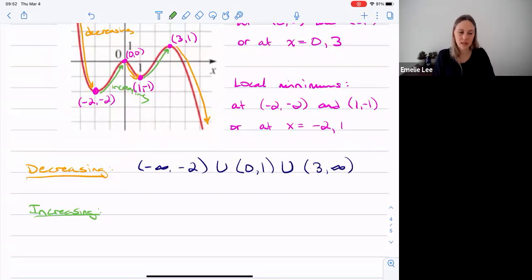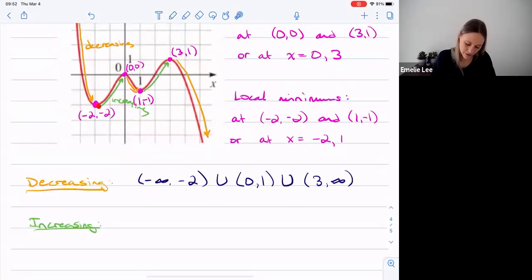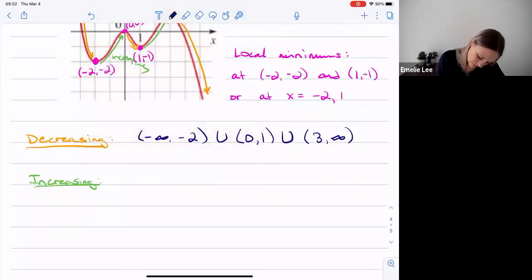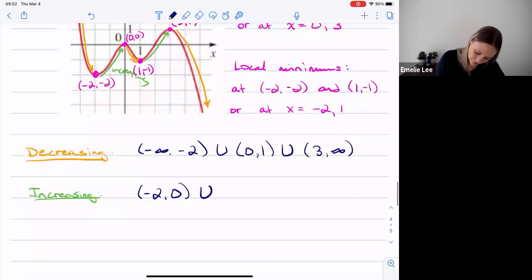It's increasing, okay, from -2. So I'm only talking about the x values. Okay, so we only need to talk about the x values from -2 up until 0, and then picking right back up again at 1 till 3. So it's increasing from -2 up to 0, joined up at from 1 till 3.